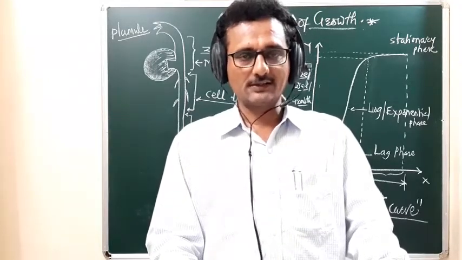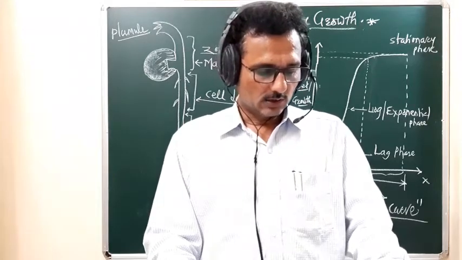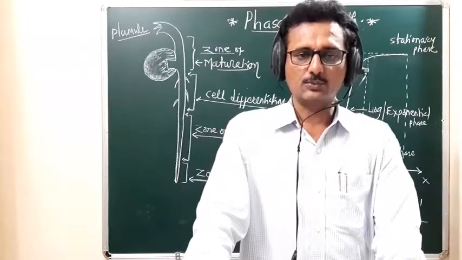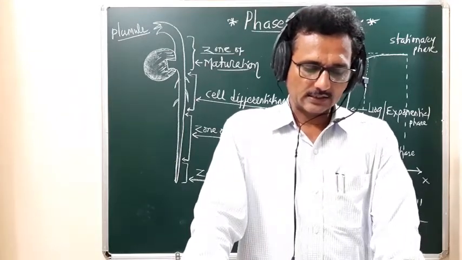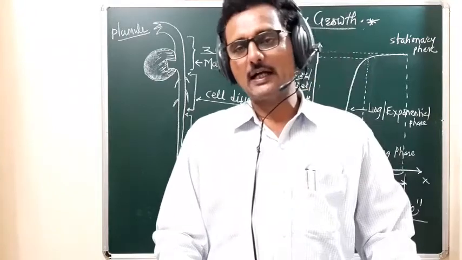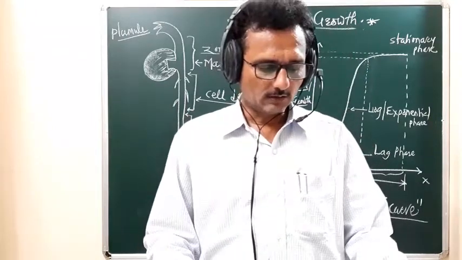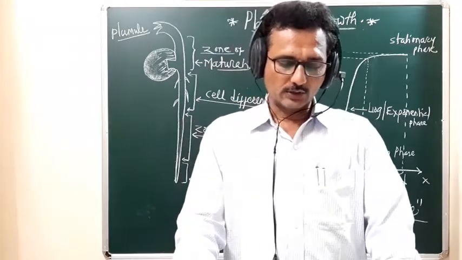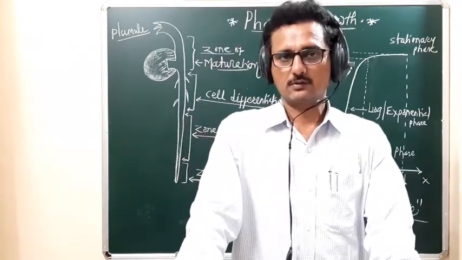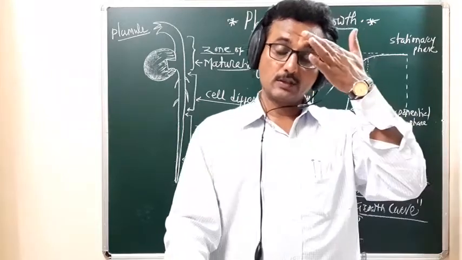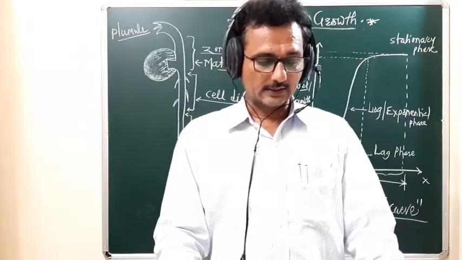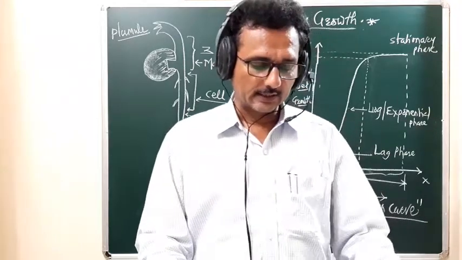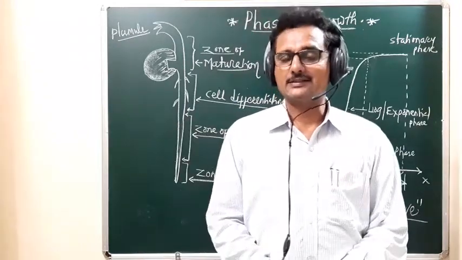With respect to this, the question is: the process of growth is determined by, first option, increase in size, second option, increase in size and dry weight, third option, increase in weight only, fourth option, increase in dry weight. So what is the correct answer? The correct answer is the second option, increase in size and dry weight.